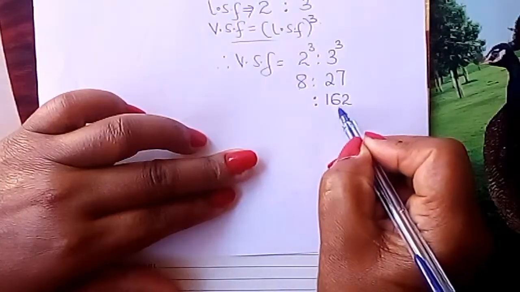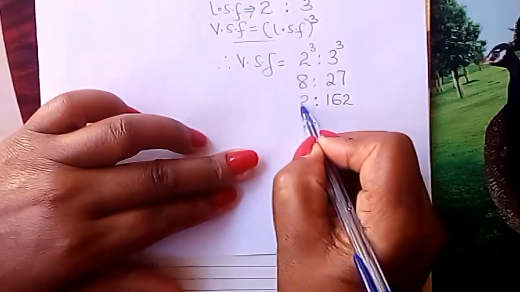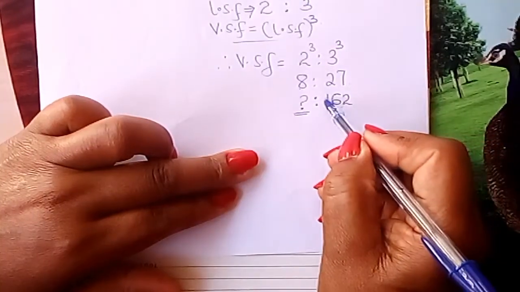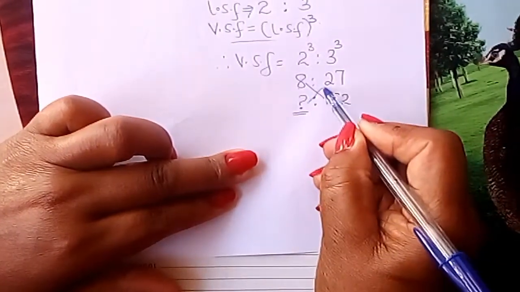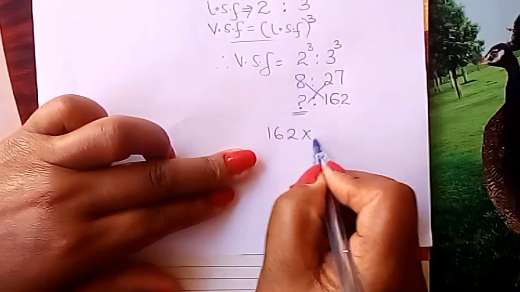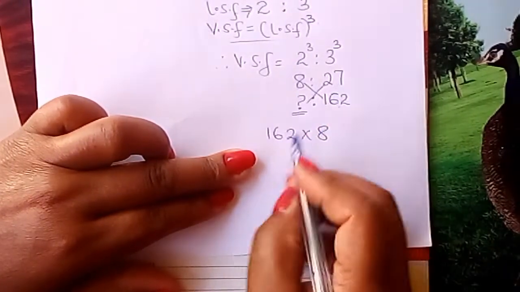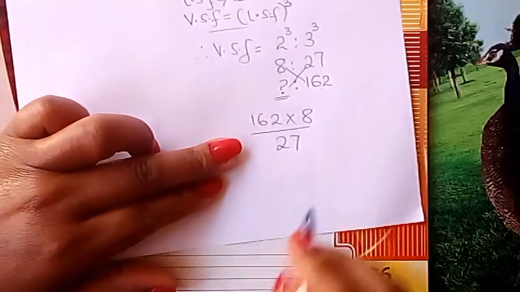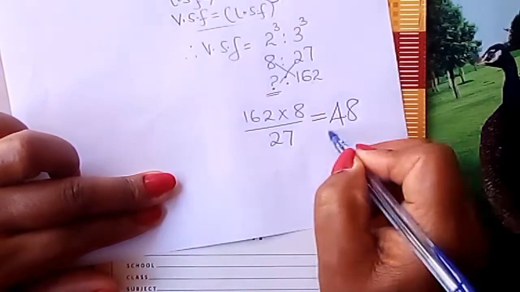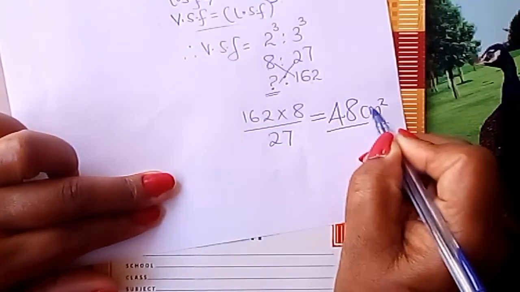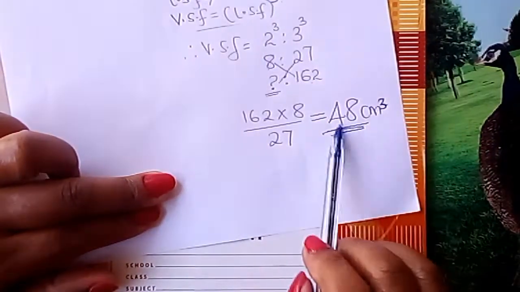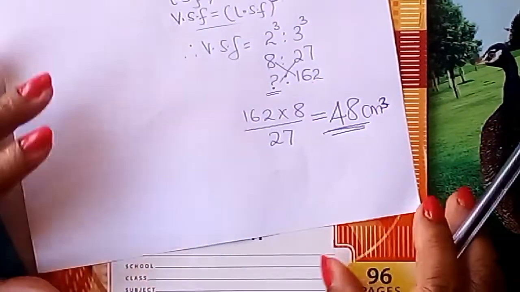Then you just cross multiply: 162 times 8, divided by 27. Use a calculator and you should get 48 centimeters cubed. So the volume of the smaller solid is 48 centimeters cubed.